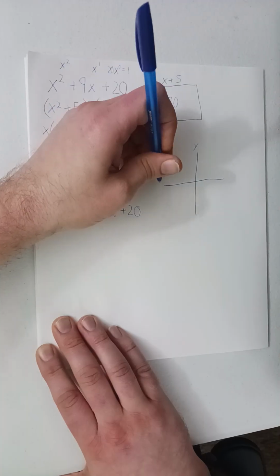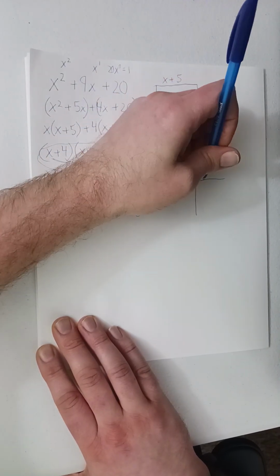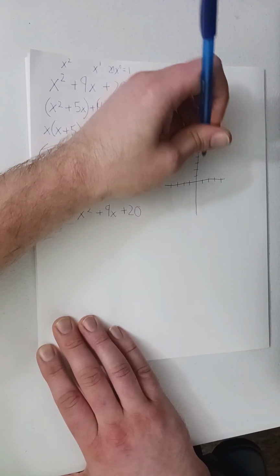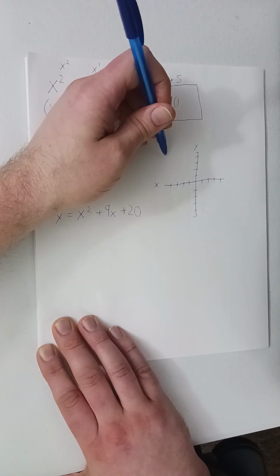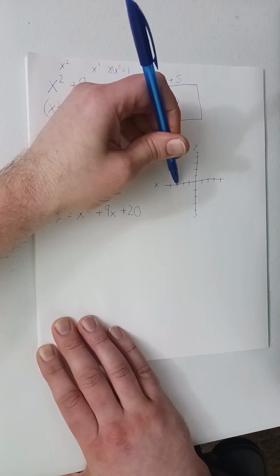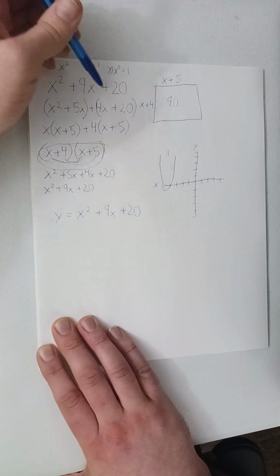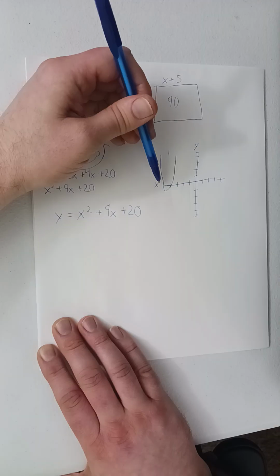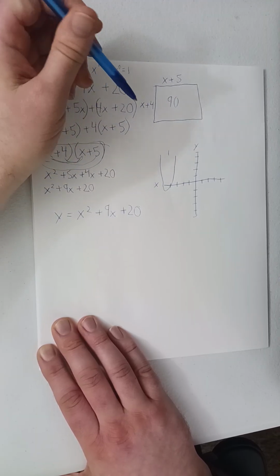So this is the y-axis, this is the x-axis, and you have these different values for x, and then the amount that y equals at each of those x values. And you can plot a shape. So in this case, it's going to be something like this, the shape that represents this formula. What this is, is a plot at different values of x showing what the value is. Like in this case, it was 90 for 5.